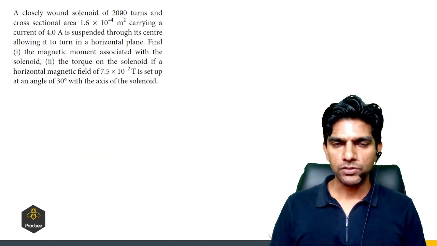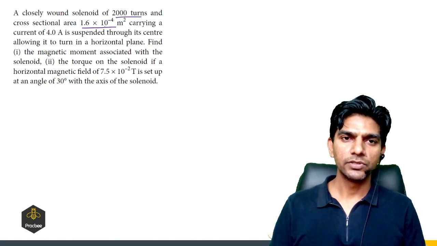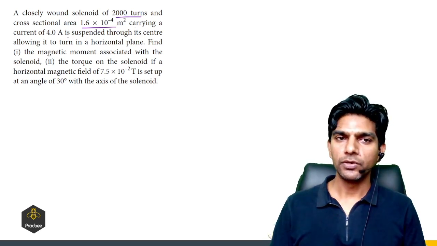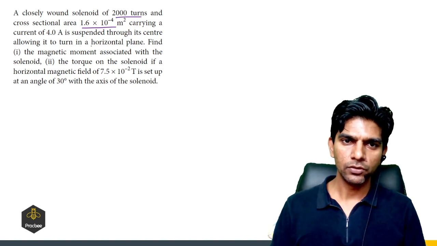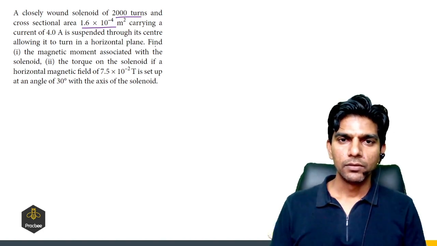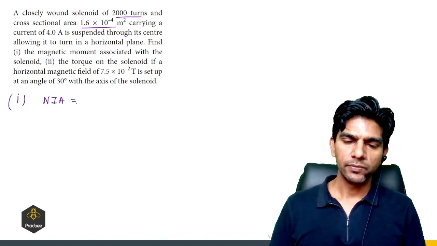A closely wound solenoid of 2000 turns and cross section 1.6 into 10 raised to power minus 4 square meter carrying a current of 4 ampere is suspended through its center, allowing it to turn in a horizontal plane. Find the magnetic moment associated with the solenoid. So for the first part, we have to apply NIA, that is the magnetic dipole moment.